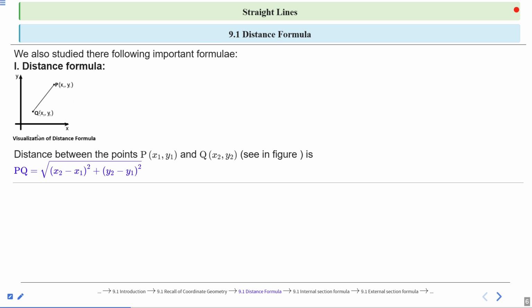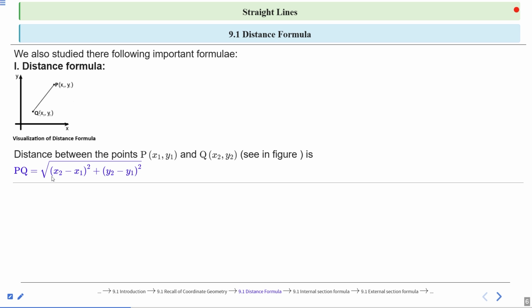Let us see this. Here the distance between P and Q is equal to square root of x2, which is the x coordinate of Q. The x coordinate of Q is x2 and the x coordinate of P is x1.